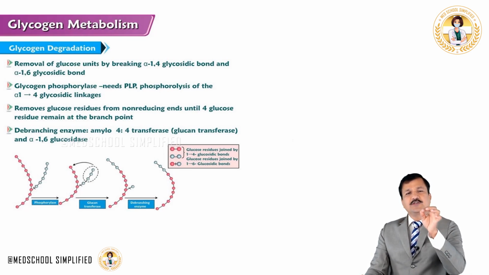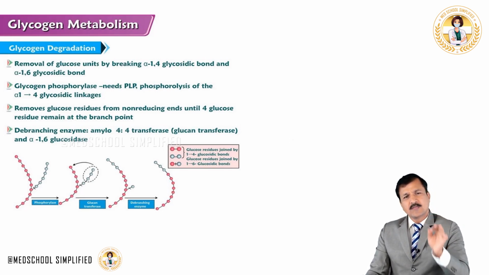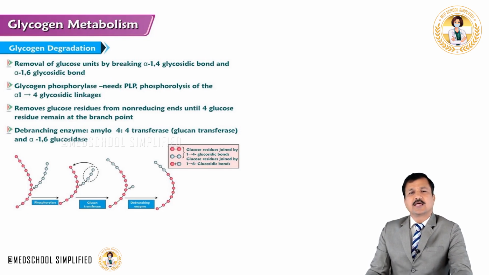If there is a deficiency of inorganic phosphate in the cytoplasm, that will decrease the action of glycogen phosphorylase, thereby decreasing glycogen degradation, and that can lead to hypoglycemia.